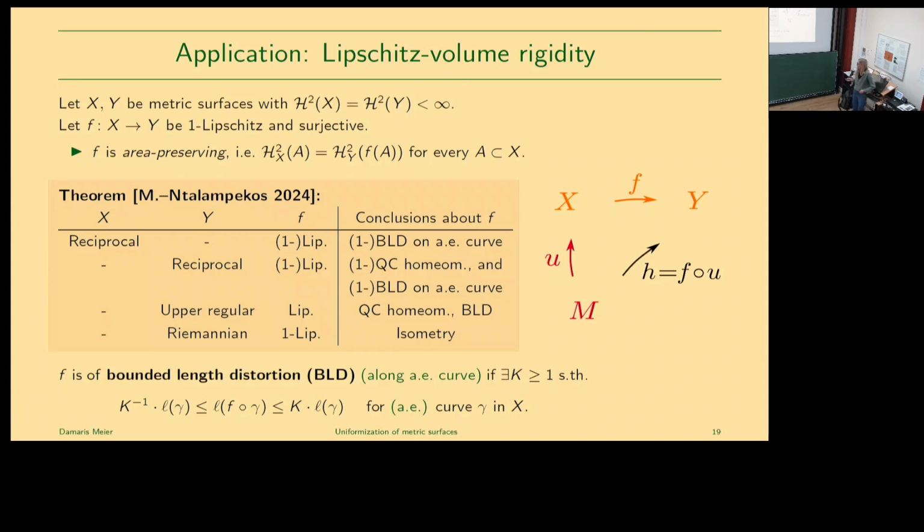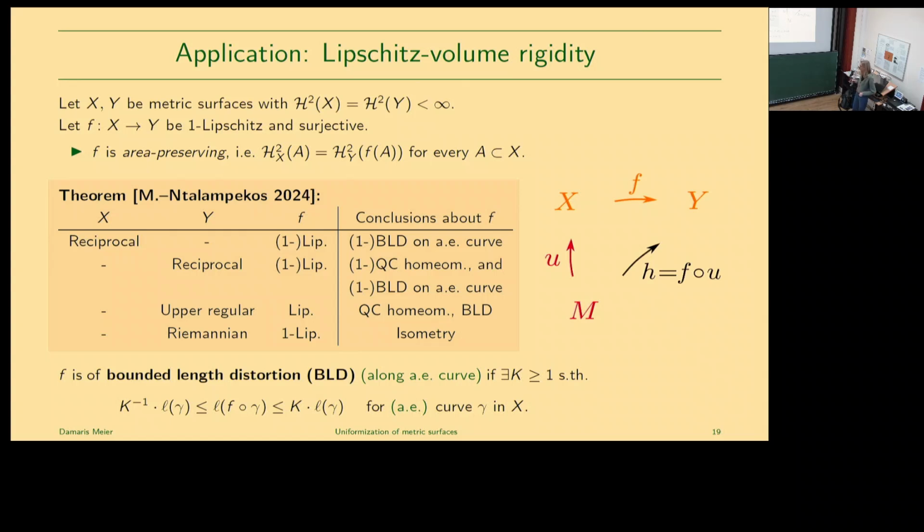Now we can show that in case Y is reciprocal, then the map is a quasiconformal homeomorphism. Here, showing injectivity is rather hard, and in our work it really depends on having two-dimensional structure. But then it upgrades to being a quasiconformal homeomorphism, which of course implies that X is reciprocal too.